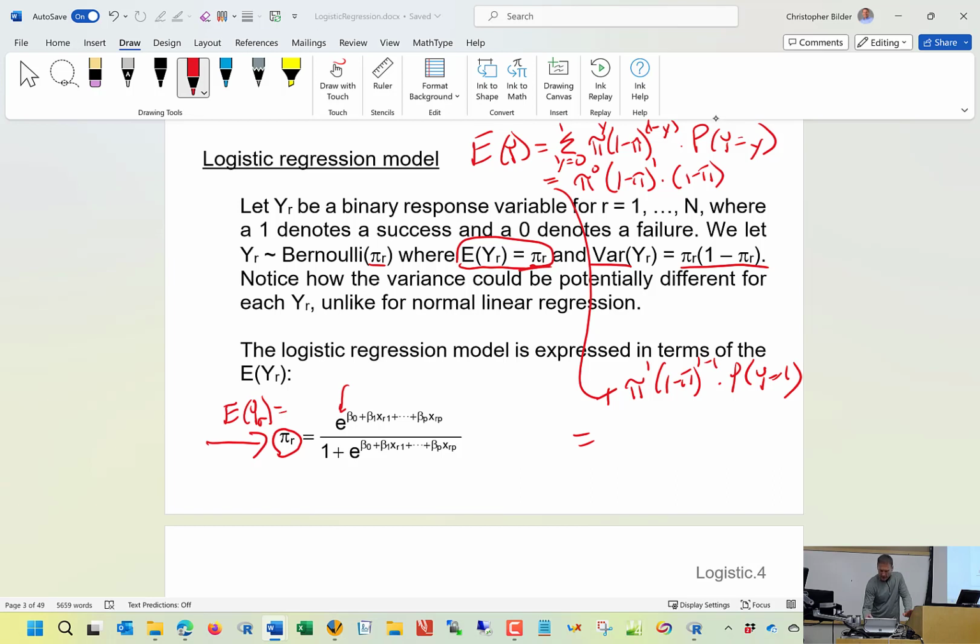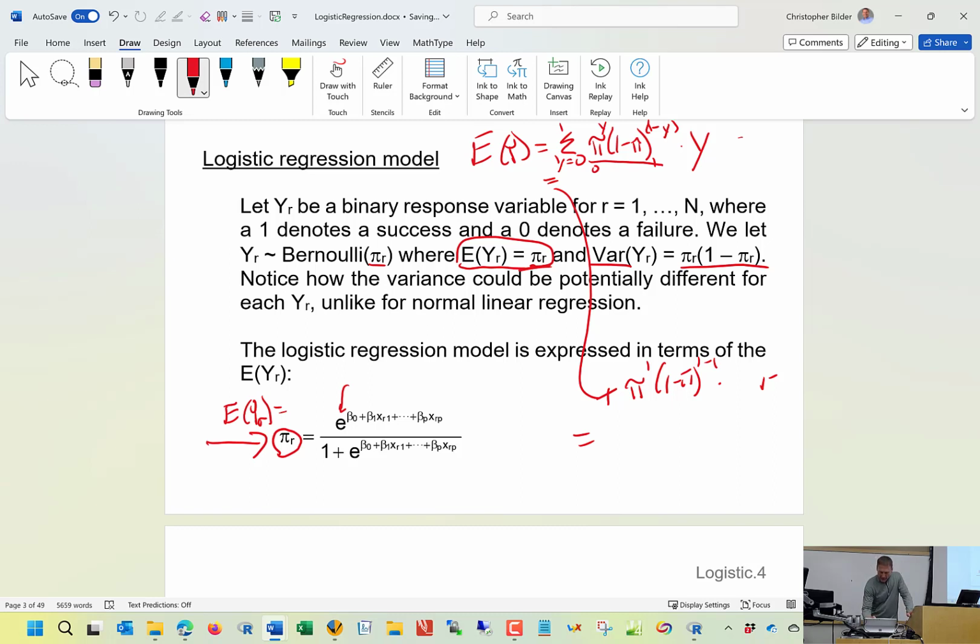Excuse me, I actually did this wrong. Sorry, that should be a y there. Notice that this here is the probability y is equal to either 0 or 1.